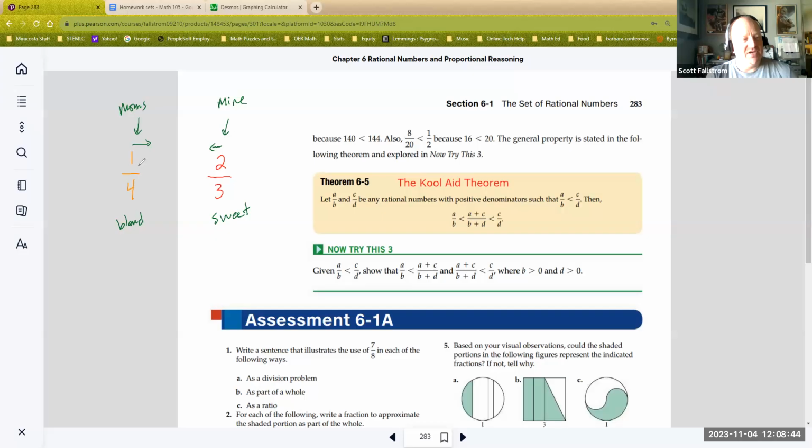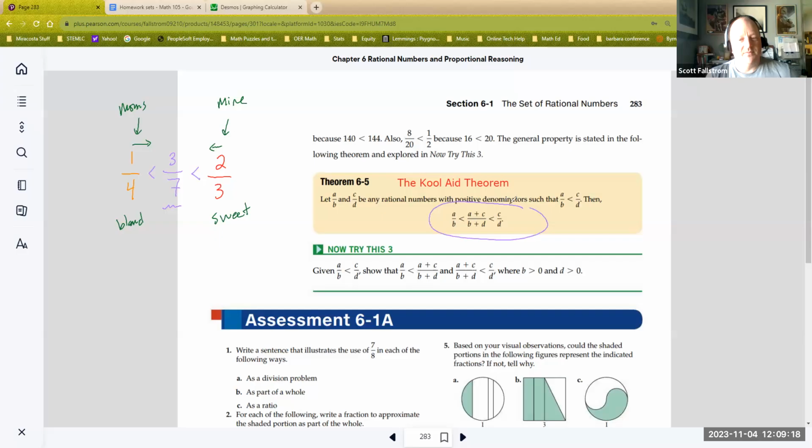And so if you just dumped all of these together, you'd actually end up with 3 cups of sugar and 7 cups of water. And what turns out to be great is if you think of these as fractions, you have created an order. 2/3, mine was sweeter than mom's. Mom's is over here. So yeah, 2/3 is sweeter than mom's. But if I dumped all of them together, I would end up with a fraction that is between them.